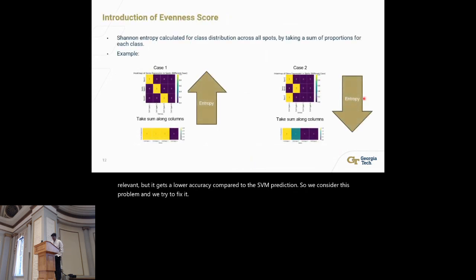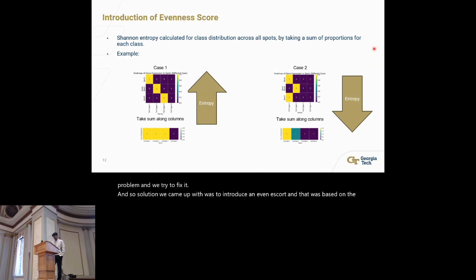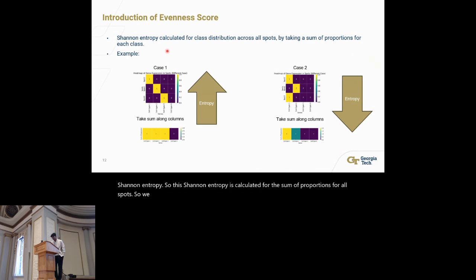And so the solution we came up with was to introduce an evenness score that was based on the Shannon entropy. This Shannon entropy is calculated for the sum of proportions for all spots. So we have an example here where in case 1 and case 2, we have a matrix with spots being the rows and columns being the cell types.